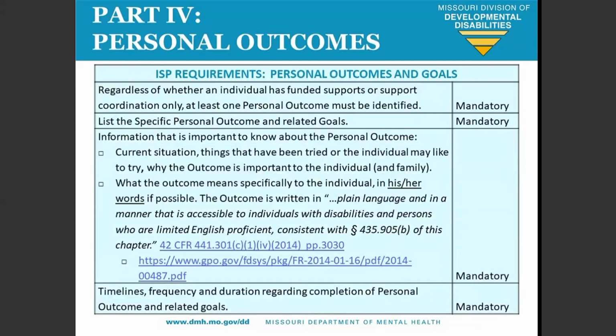Each outcome needs to identify what it means to the individual in his or her words, if possible, and include the timelines, frequency, and duration regarding the completion of personal outcomes and related goals. This guide does not require a specific format to be used for personal outcomes and goals. It instructs us on the content required to be included.